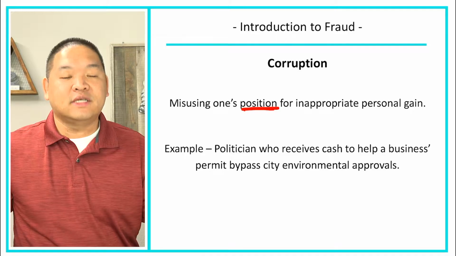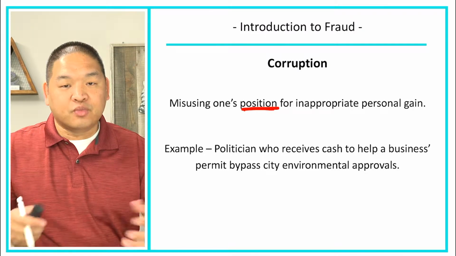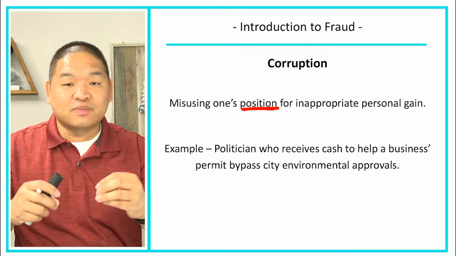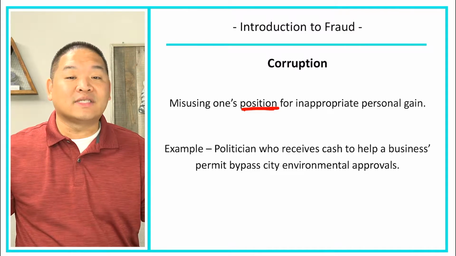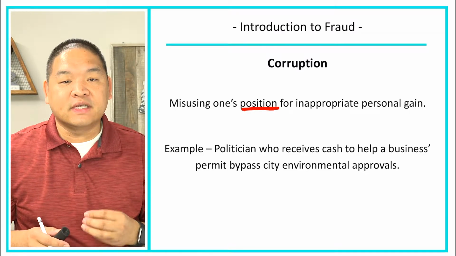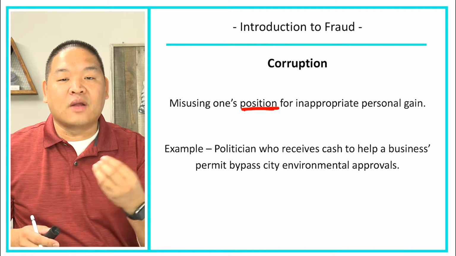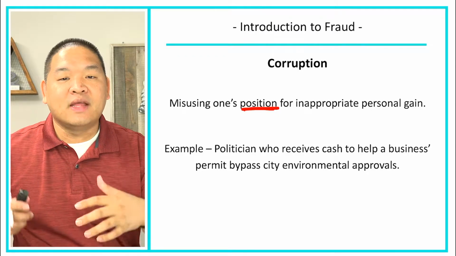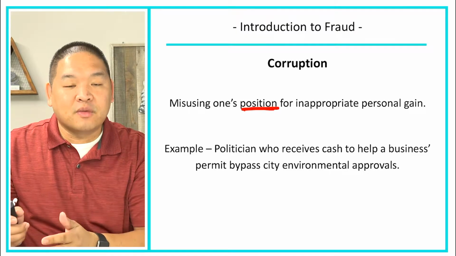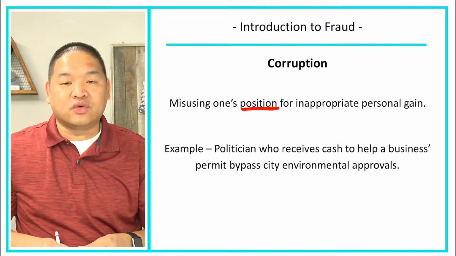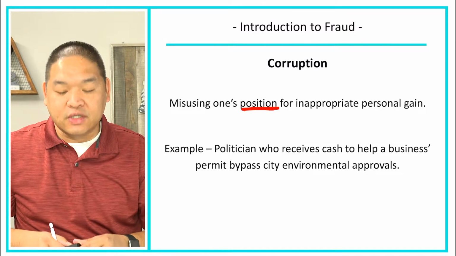So this politician who has theoretical power takes a bribe to push a business's permit, so it bypasses certain rules that everybody else has to follow. Obviously that politician has some type of position that they are misusing. If they weren't a politician, they wouldn't have gotten those funds. They wouldn't have been able to push a business's permit past the city's environmental approval. So that's an example of a corruption case.